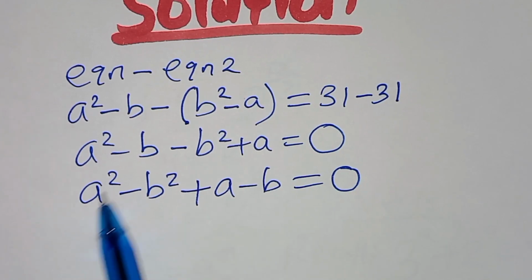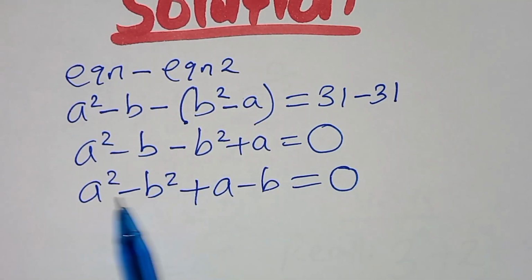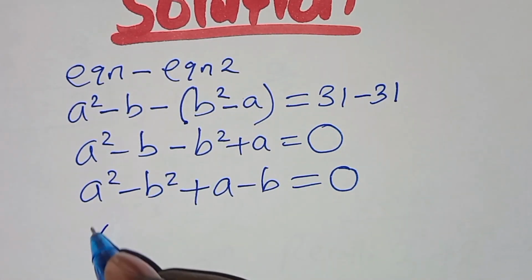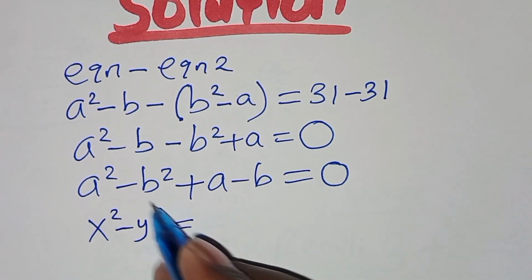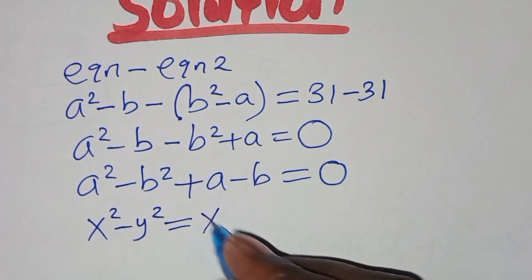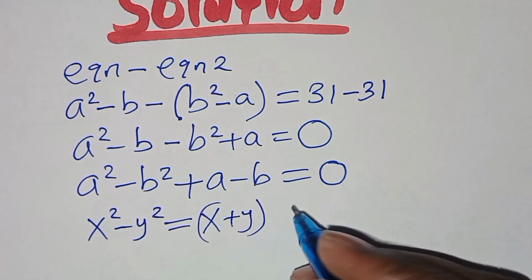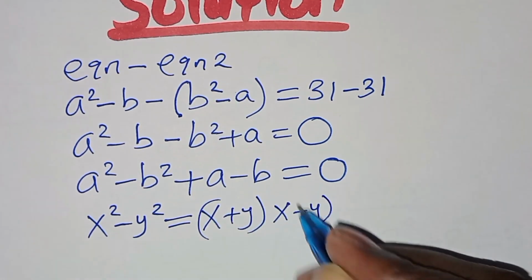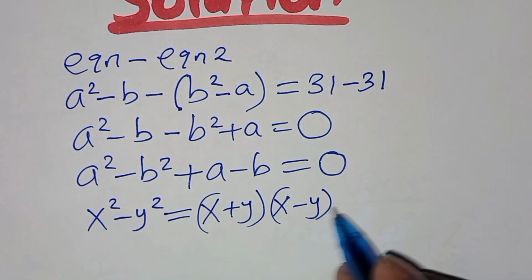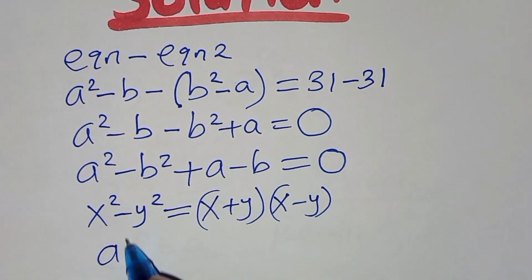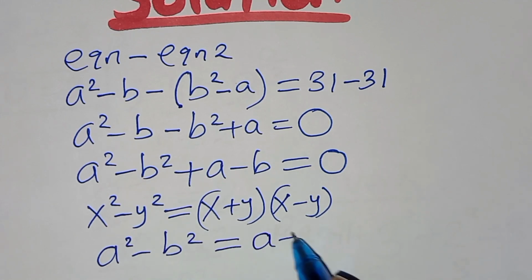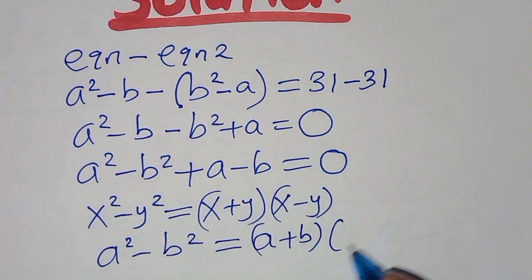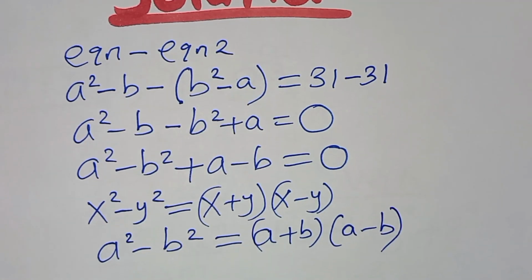Now, you find that a squared minus b squared is in the form of x squared minus y squared, which is the difference of two squares. So we can have it as x plus y, x minus y. Applying this property, a squared minus b squared is the same thing as a plus b, a minus b.